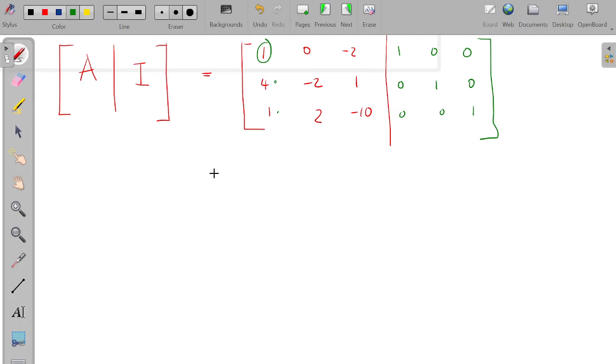So we have R2 minus 4R1, and I'm giving it to R2. I'm changing R2. Also we have R3 minus R1, and I'm giving it to R3. So I'm changing R3 also. We are not changing R1, so we leave that one like that.